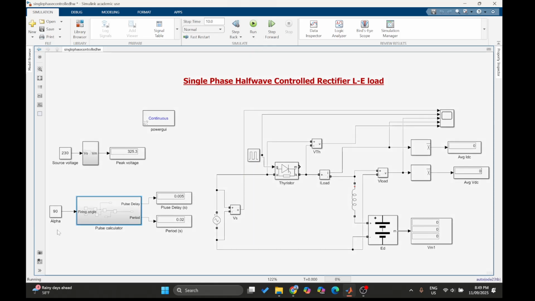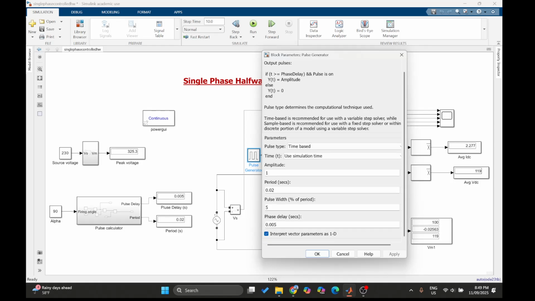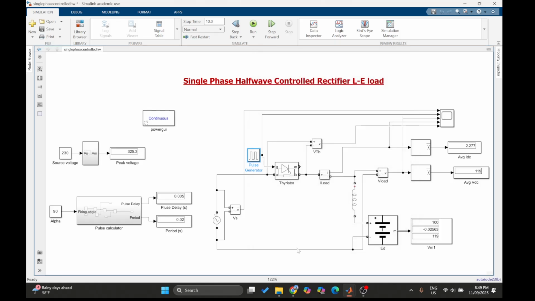So at a 90 degree angle, I'm getting a pulse delay of 0.005 and a period of 0.02, which I will use here: period of 0.02, amplitude 1, and phase delay of 0.005. That means I am going to turn on my thyristor or rectifier at the angle of 90 degree.